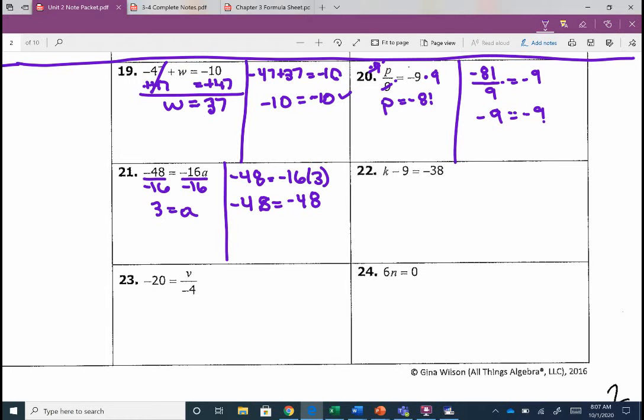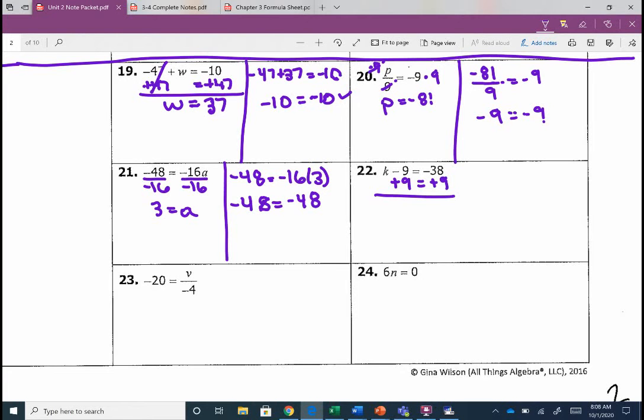All right, number 22. Most of us like questions like 22. Those seem to be the easier ones for us when we're adding or subtracting. We have k minus 9. So to undo subtraction, we need to add. Now the number we need to add, here's where some confusion is coming in that I saw yesterday. Some of us are trying to add the 38 over to the other side. We picked out the right operation, but we're moving the wrong number.